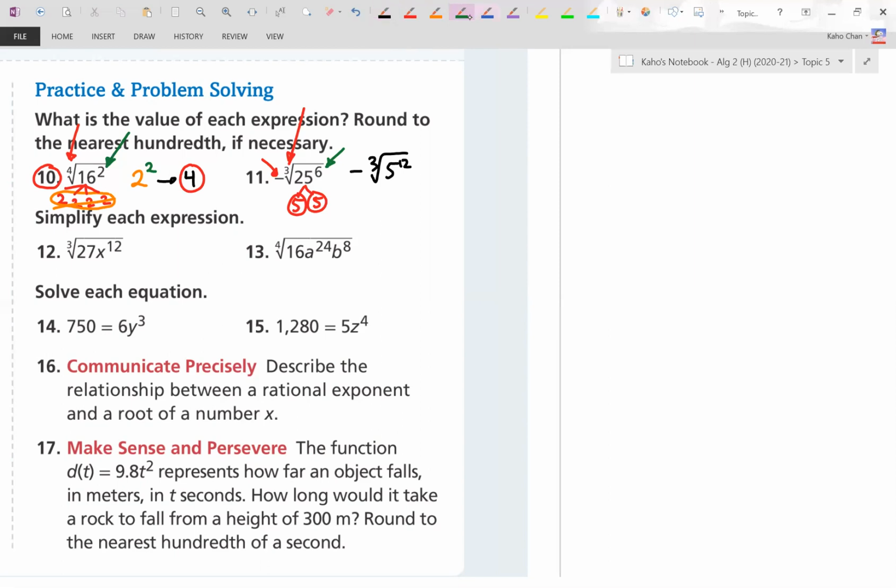That is your situation. And don't forget about the negative sign. That negative sign is kind of hanging out there. So 5 to the 4th power. Remember, there's 12 initially, fives, divided by 3 gives me an even 4. 5 to the 4th power is negative 625 is the answer.